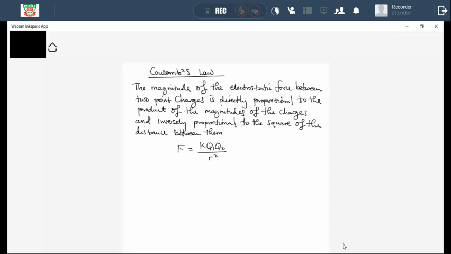It's an inverse relationship, which means the bigger the distance between the two charges, the smaller the force. The smaller the distance, the bigger the force of attraction. So they exert greater influence on each other if they are close to each other. That's basically a summary of Coulomb's law.